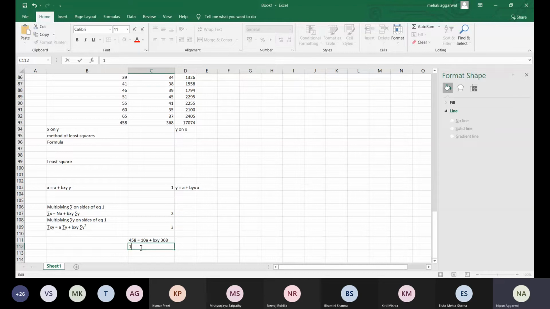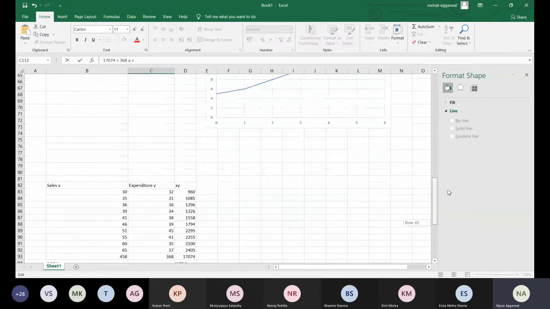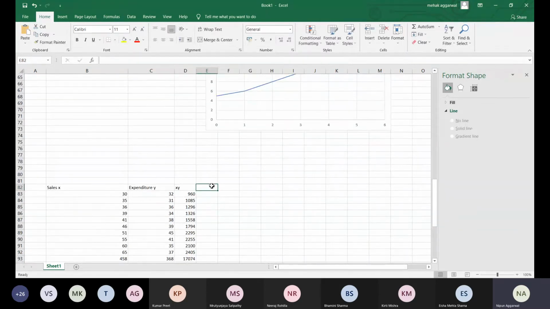So when we put it in the equation, the summation xy becomes 17074 is equal to summation y into a. Summation y is 368, so 368a plus summation y square into bxy. So you have to first calculate the summation y square. y square means this into this.